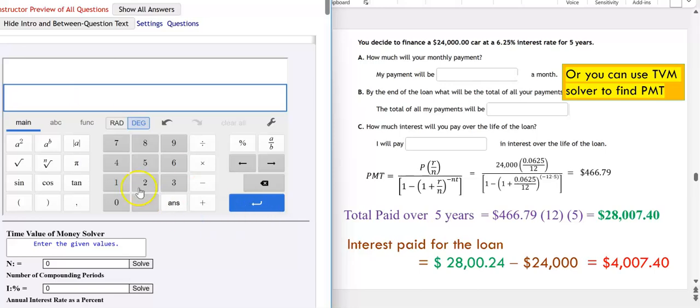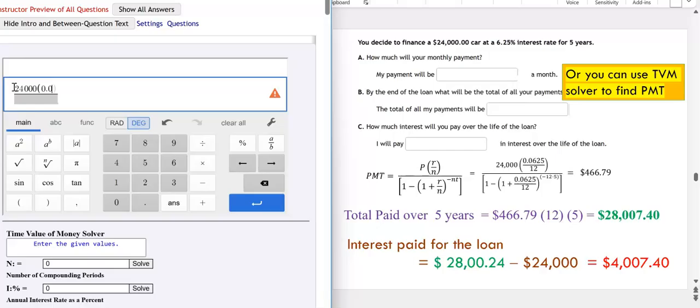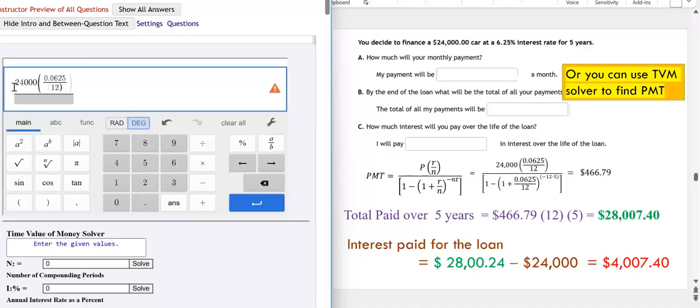You can start with the fraction: put 24000 on top, then R, which is 0.0625 as a decimal, divided by 12 because N is 12, close parenthesis. That's the top part, and then it goes to the bottom. Use the arrow key here, or the arrow keys from the keyboard.